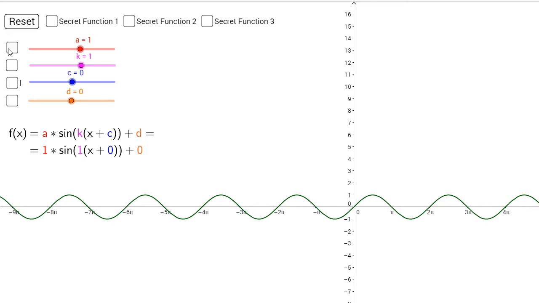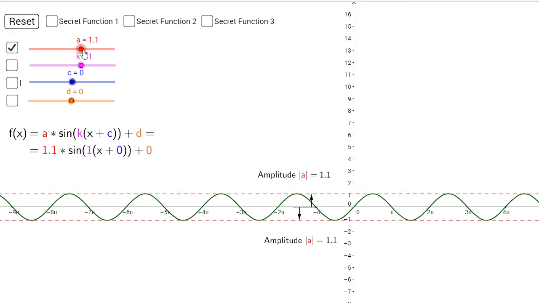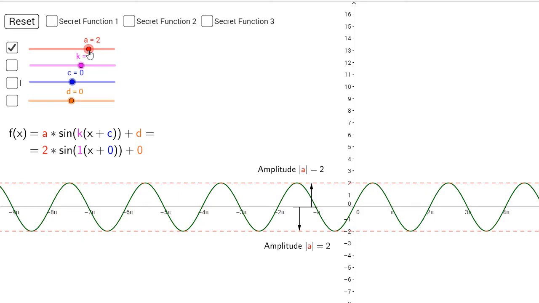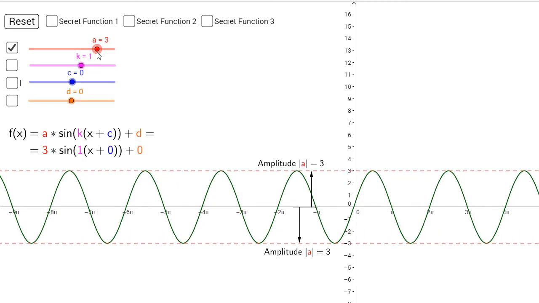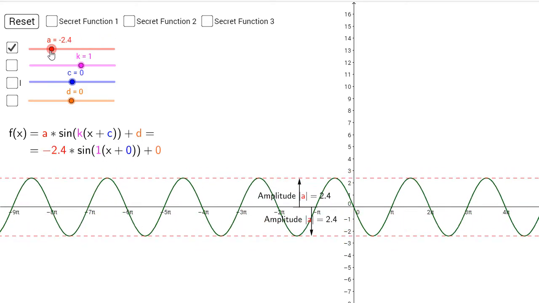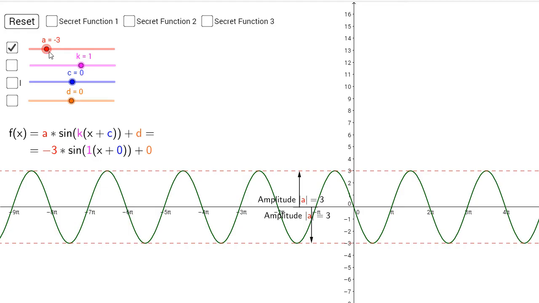Let's start by trying to change the a value a bit. By increasing the value of a, we can see that the amplitude of a function, which is the distance from one peak to the center line, seems to increase. And that's also the case, because the amplitude for a trigonometric function is equal to the absolute value of this variable a.